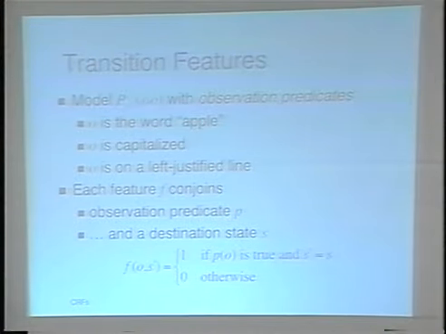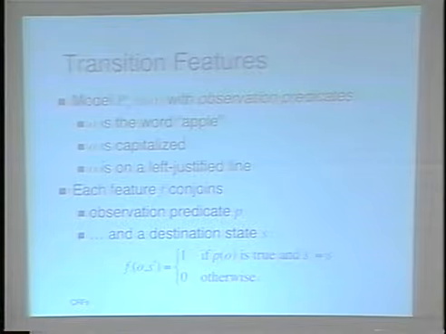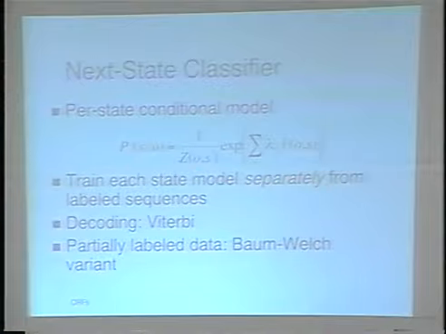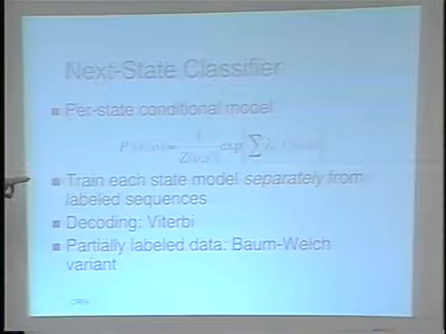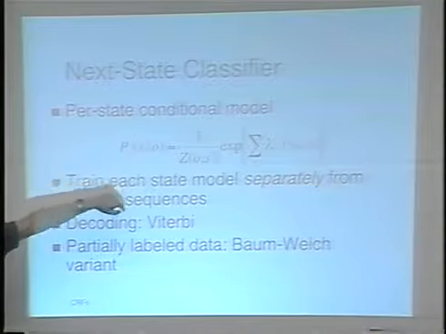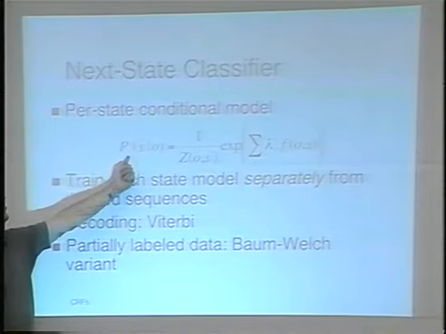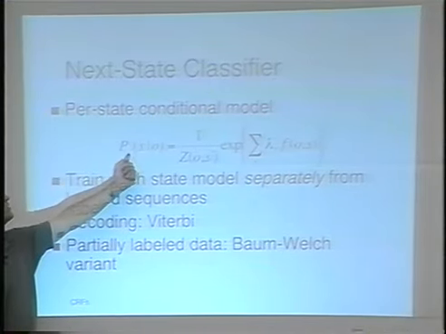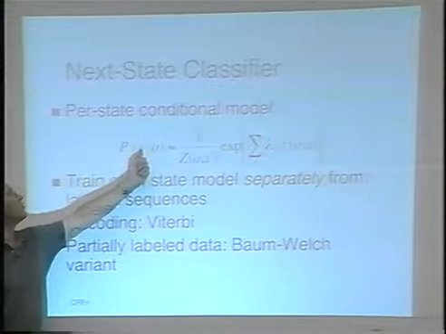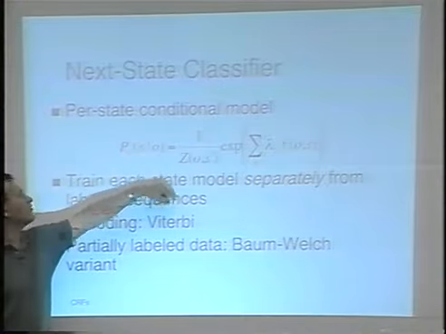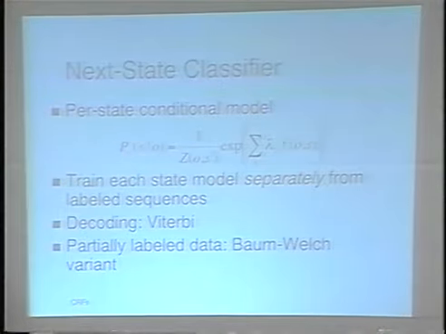So the features are going to be essentially pairs of a predicate and a destination state. And then we're just going to use a per-state conditional model. So for the source state, the probability of a destination state given the observation is going to be in the standard form for a maxent model.